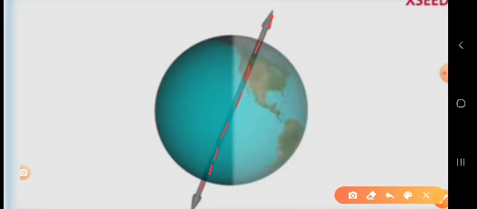So children, as we can see here, a line passing from one point of the earth to another. So children, let us first understand what this point is. Children, this point is nothing but the North Pole.